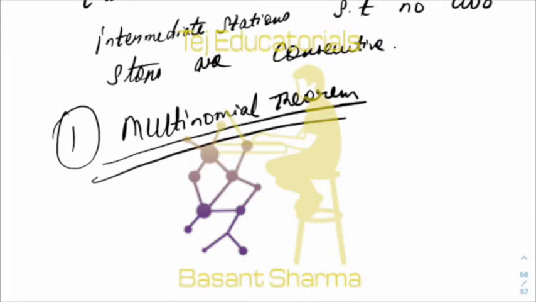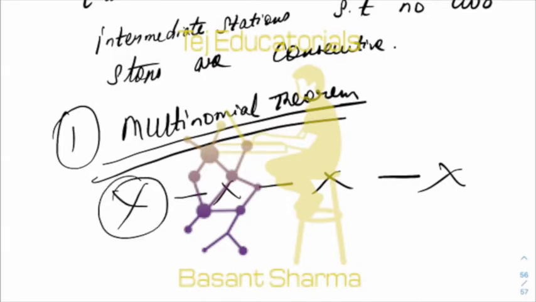So basically, the idea is that you have the 3 stations. Suppose you put the 3 stations here. In the gaps that you have created, the number of stations that can appear to the left of the first station can be greater than or equal to 0.